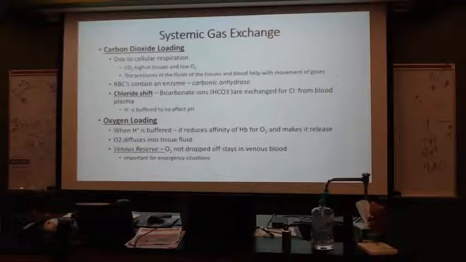But who's producing it quicker? Me. So the demand at that tissue level is higher. I'm going to have a lot more production of CO2 going into the blood. Yours is still going to produce CO2, just not as quickly or as high as mine, but my demand for oxygen is greater.